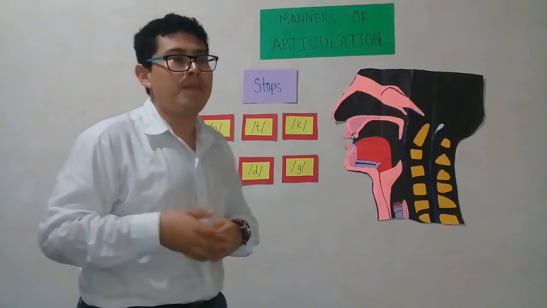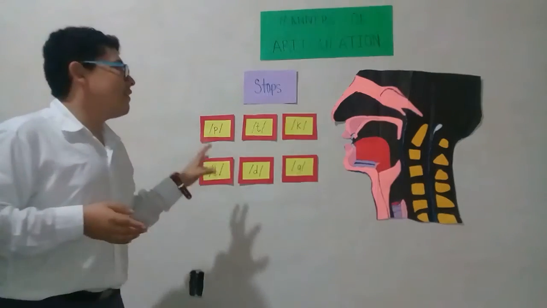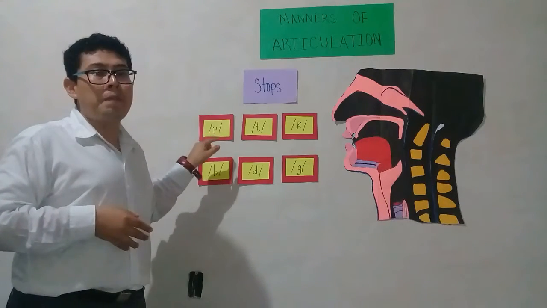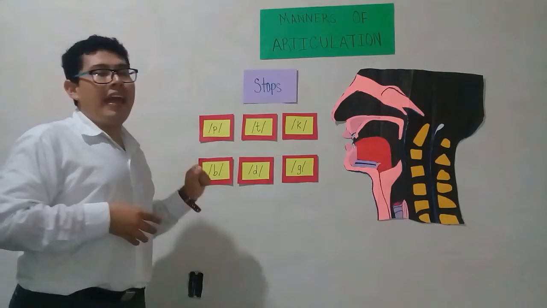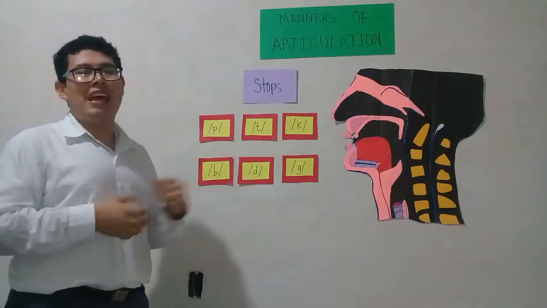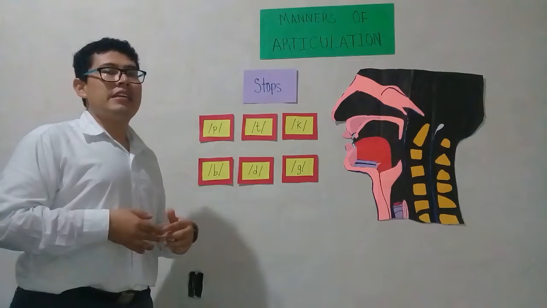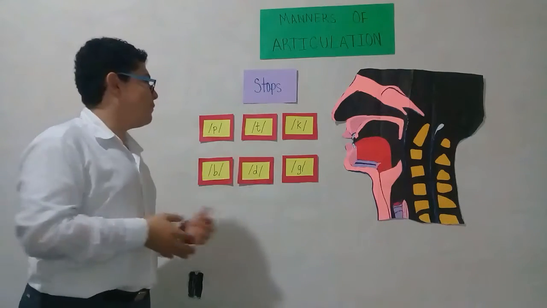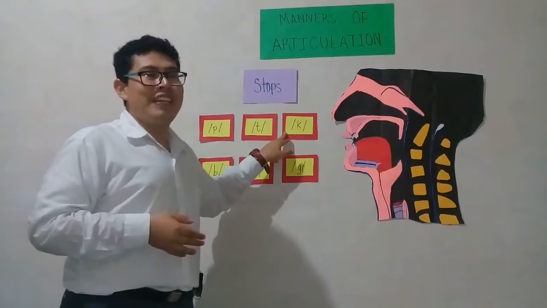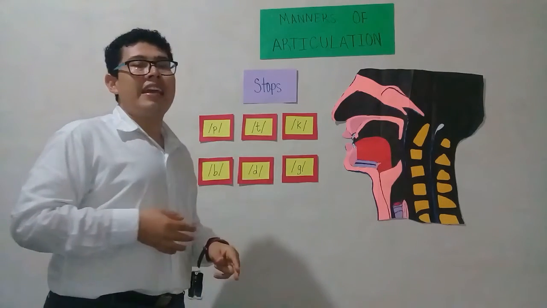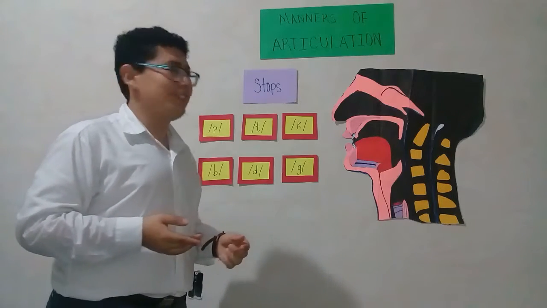And we have some examples of the stop sounds. We have the sound p, p in the word park. We have the sound t, t in the word tomato. We have the sound k, k in the word cute.